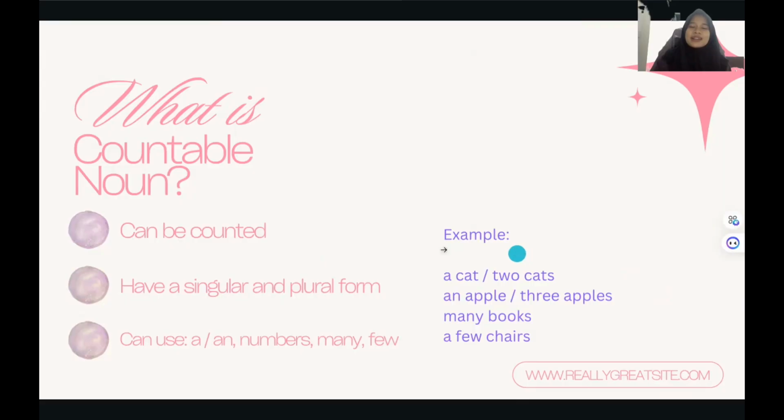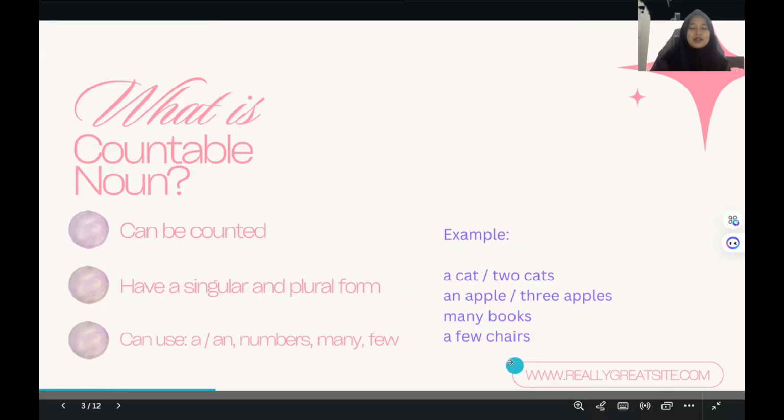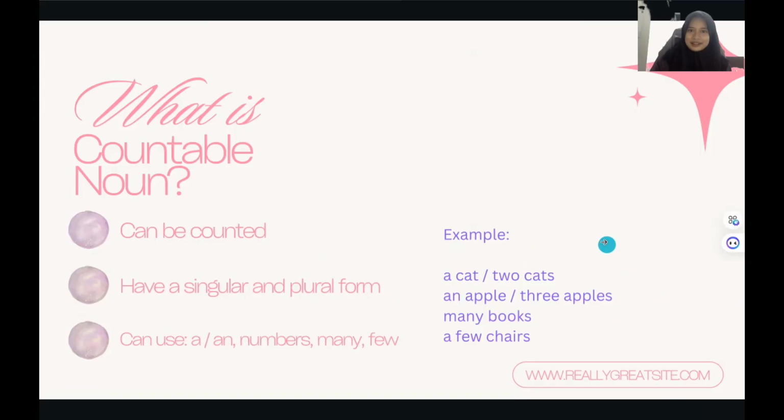So why are these sentences categorized as countable nouns? Look at the noun first, okay? Two cats. It shows that this sentence has a plural form. The noun is plural. Cats.